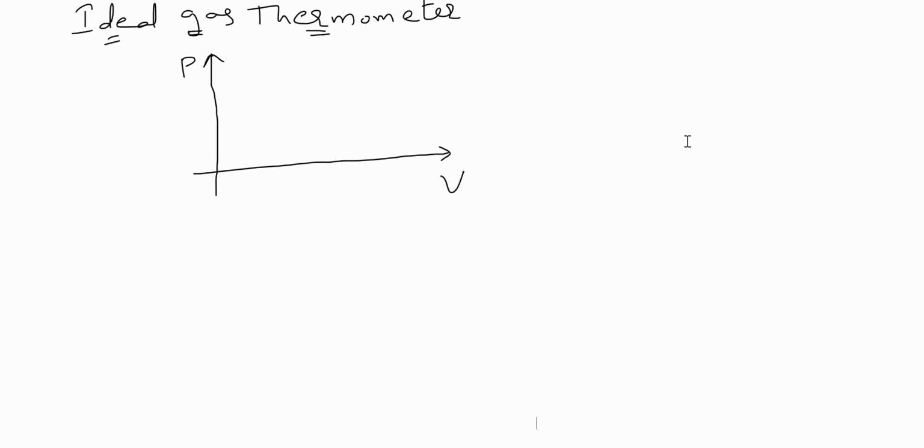Also the scale that is used in the mercury thermometer is a linear scale. The same with the ideal gas thermometer, where the scale is a linear scale. Basically it's linear interpolation.